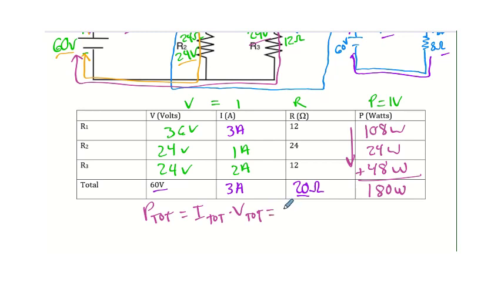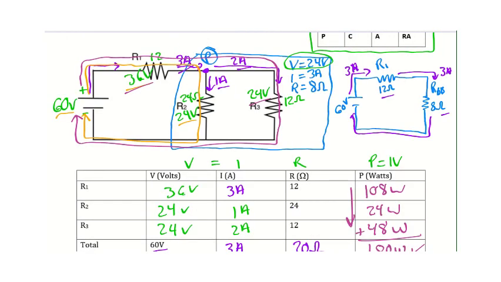My current total was 3 amps, times my voltage total, 60 volts, gives me 180. And you can see we multiply our totals, and we get the same thing as when we add the power in each resistor. So in fact, our power check again works out here, indicating that we have done this first combination circuit correctly.